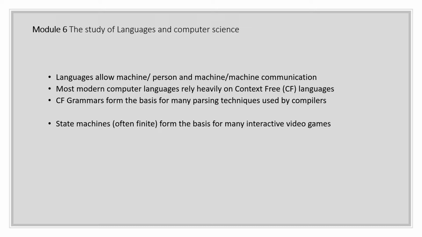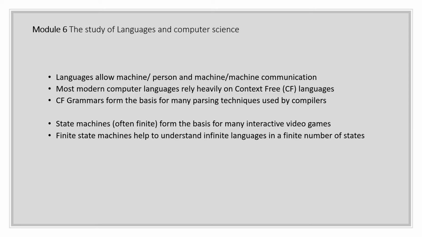Another thing about state machines and games: when you play games, you are going from one state to another based on the choices that you make, similar to the way we are doing our state machines. We are using finite state machines to understand infinite languages.